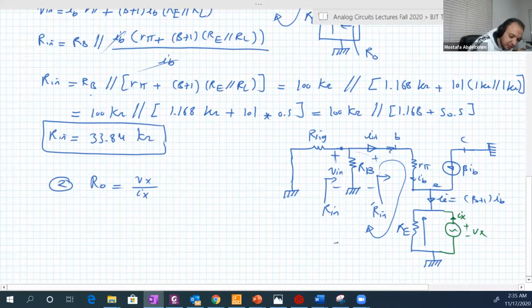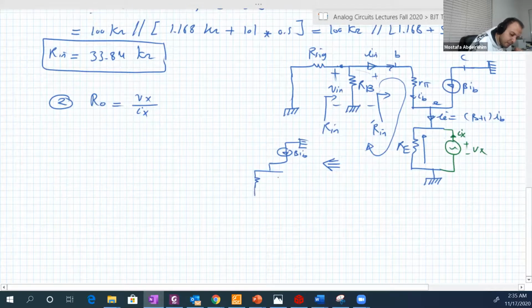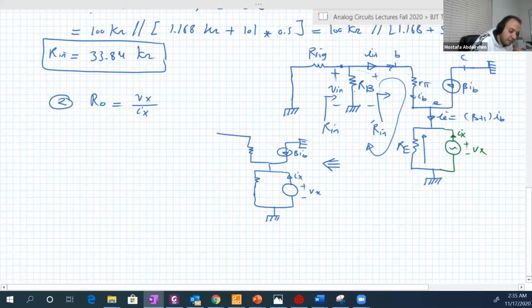I'm going to simplify it a little bit. So beta IB, Vx, Ix, and here RB capital and R signal are actually in parallel.